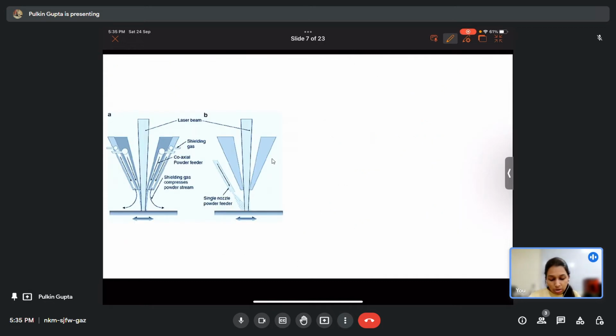Now we have different configurations of powder feeding. One of them is this coaxial nozzle feeding. As the name suggests, coaxial means the powder is coming in a coaxial manner.